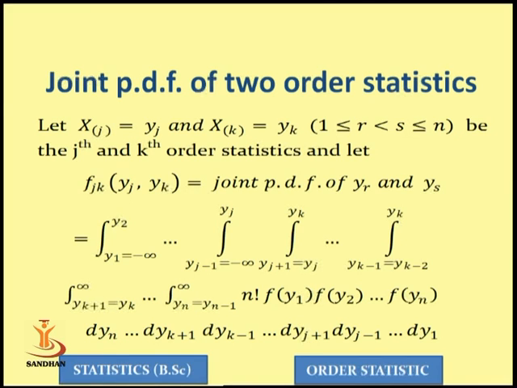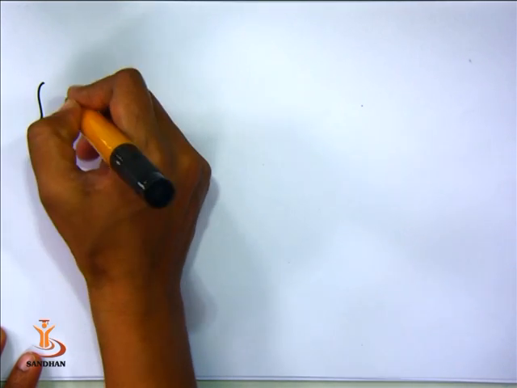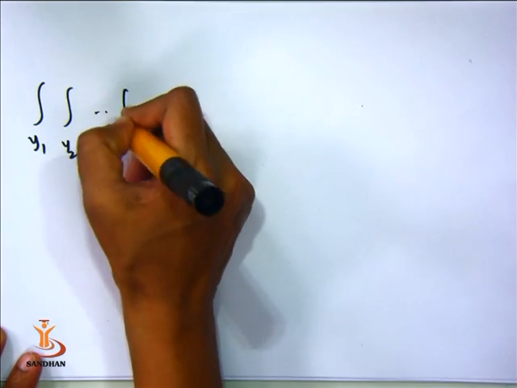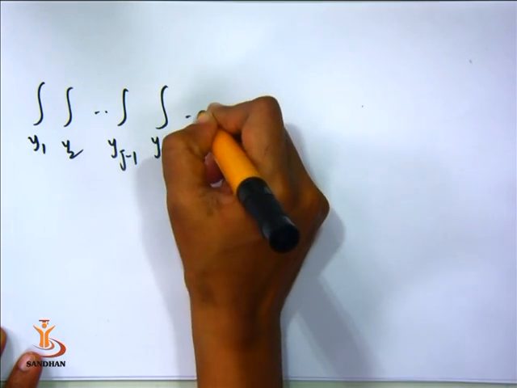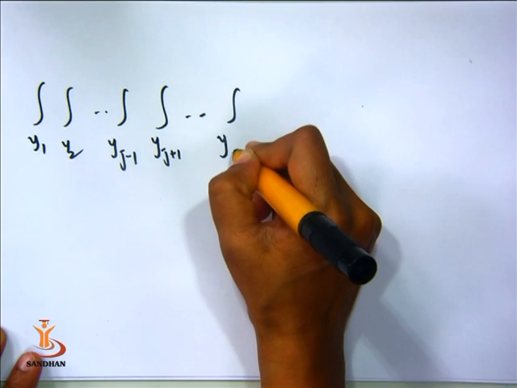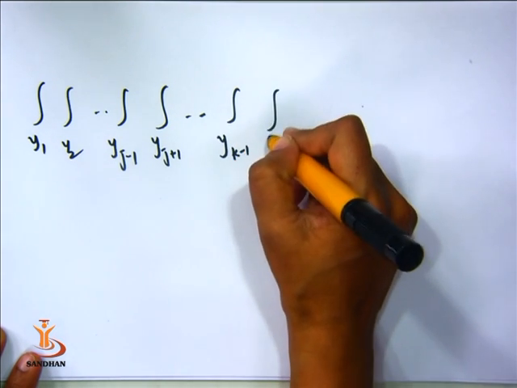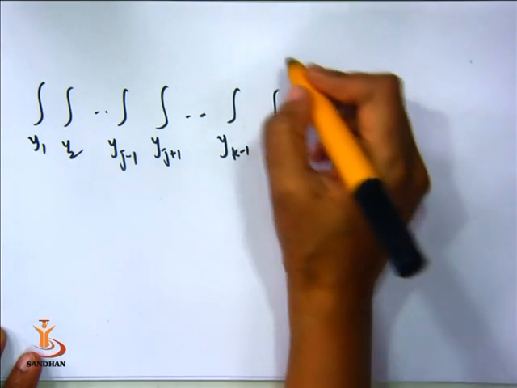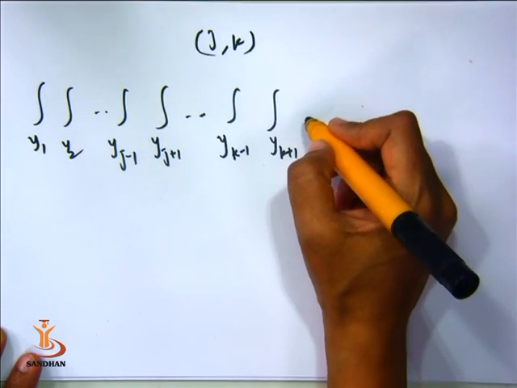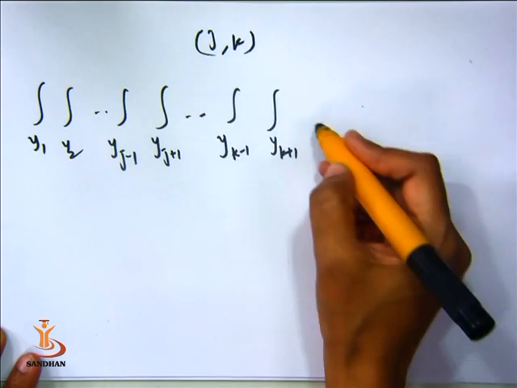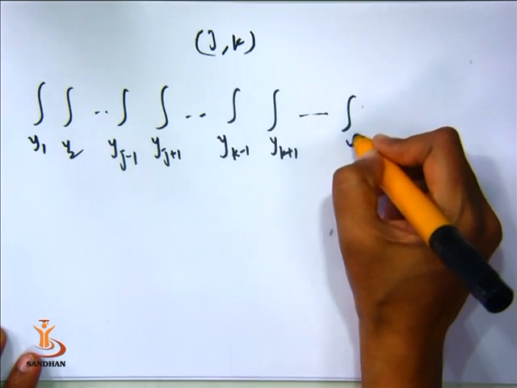So as we did in the case of deriving the marginal density, a similar thing we can do for the joint density. What we do is integrate with respect to y1, y2, up to yj minus 1, yj plus 1 and so on up to yk minus 1. We leave yj and yk because we want the joint density for j and k, and then the rest up to yn.